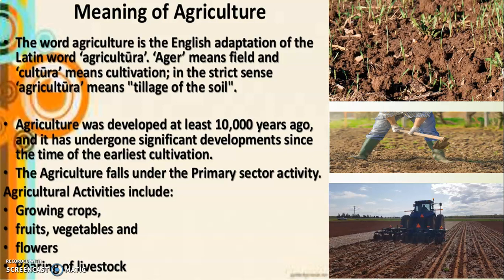Now, agriculture is a primary occupation because it is related with the land, with the soil. In agriculture there are various activities which are included.